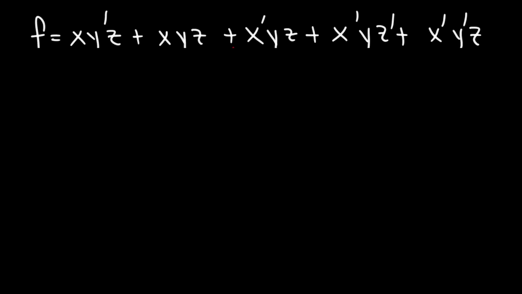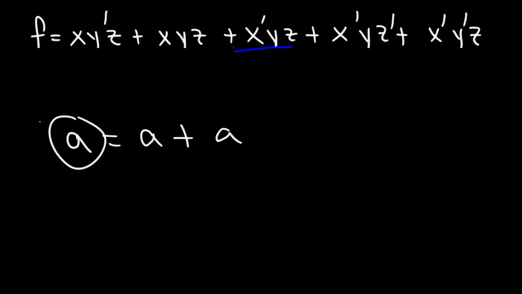Now, I'm going to focus on this term. If you recall, there's something called the idempotency property, which says that A is equivalent to A plus A. So that means that we can take a variable and basically copy it in an equation, and it will still be true in Boolean algebra.